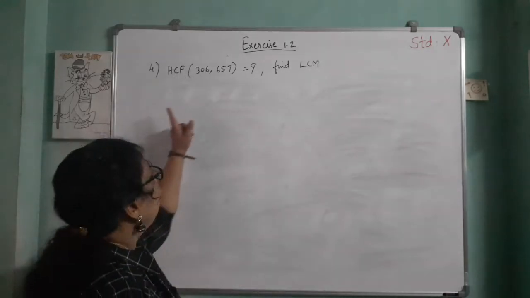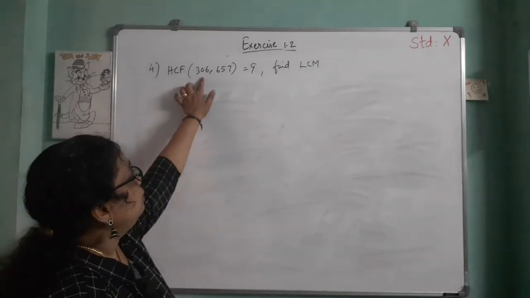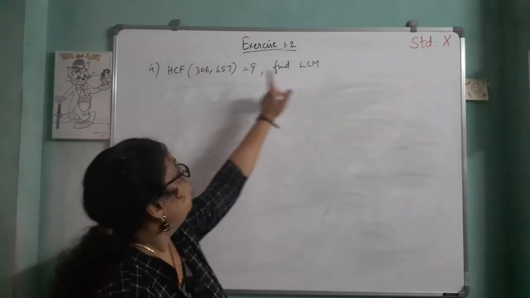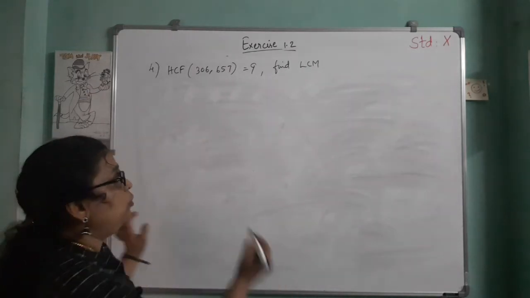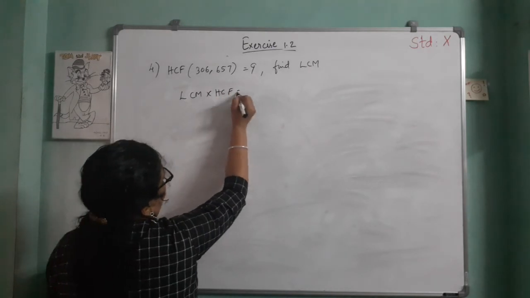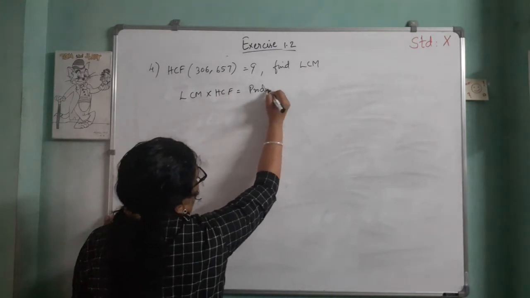So next, the fourth question: if the HCF of 306 and 657 is 9, then find the LCM of 306 and 657. We know that LCM into HCF equals the product of the numbers.